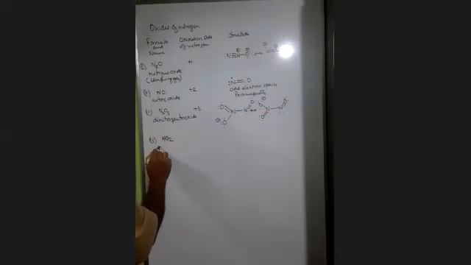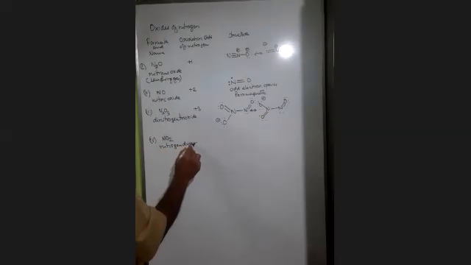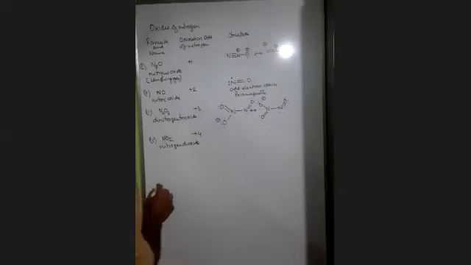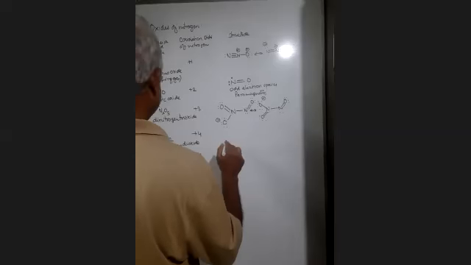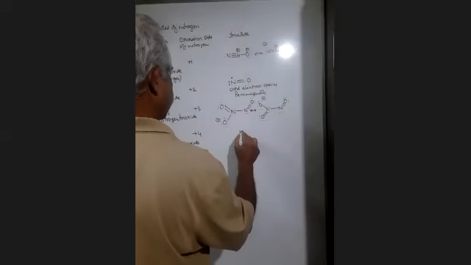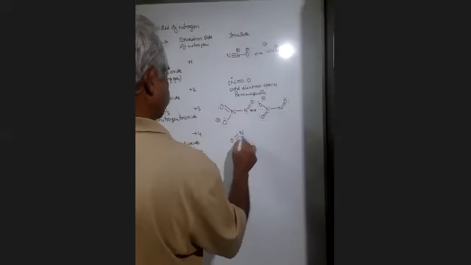Then you have NO2. This is called nitrogen dioxide. This is +4. This one is also a very important structure.